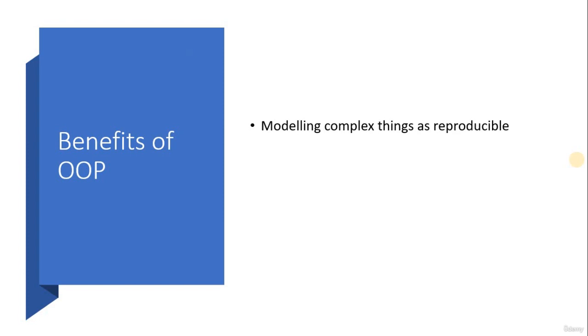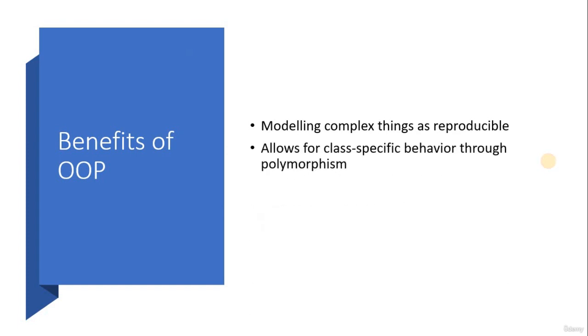So that's very, very useful. It helps us to model, and in doing that we can reuse it and reproduce it as well. So it's also very useful in creating multiple of those, and in polymorphism we'll see what polymorphism means.